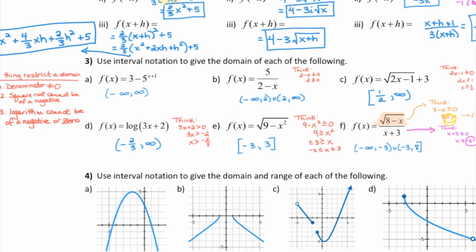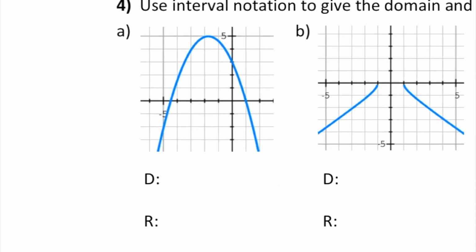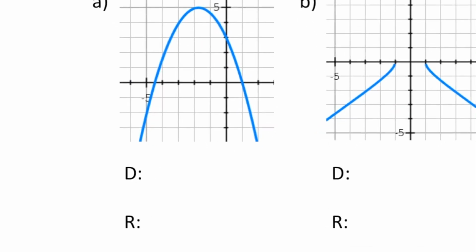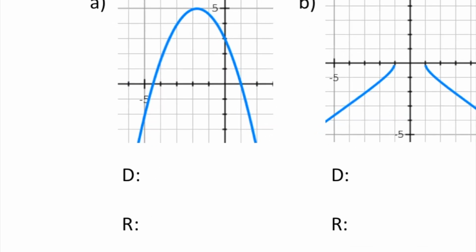And now for these last few problems on the first page, you're going to use the graph and come up with interval notation for the domain and the range. So here our domain is going to be all real numbers. Remember that if the graph goes to the edge of the graph space, you can assume that there are arrows there.